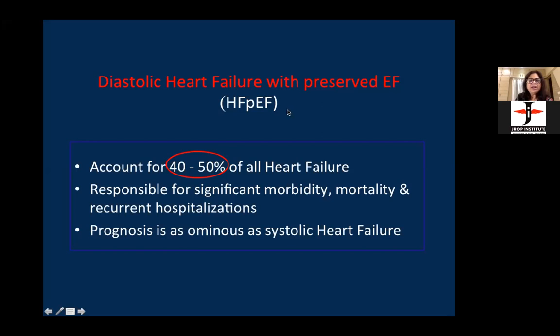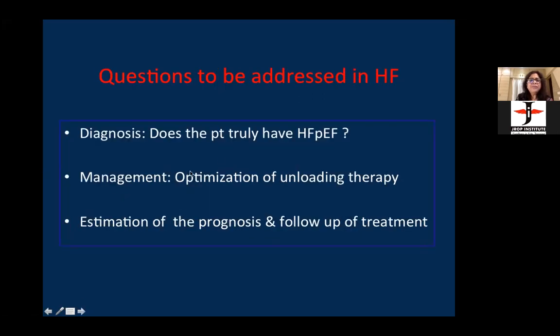Because when a patient with shortness of breath due to heart failure comes to us, we have to answer a few questions in our mind. First of all, does this patient truly have HFpEF? Is the patient's shortness of breath due to HFpEF or due to some other cardiac or non-cardiac cause?